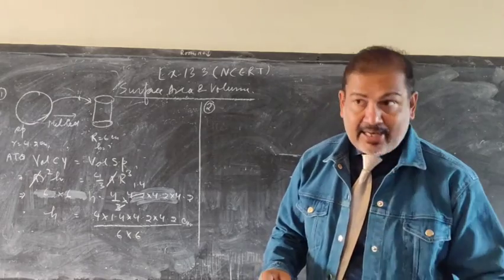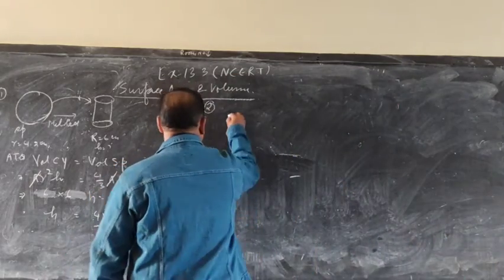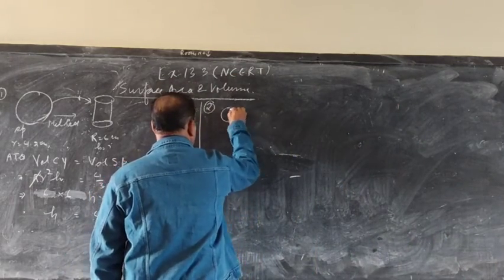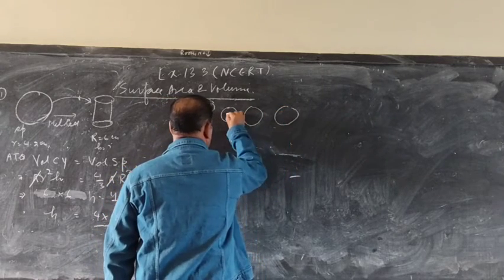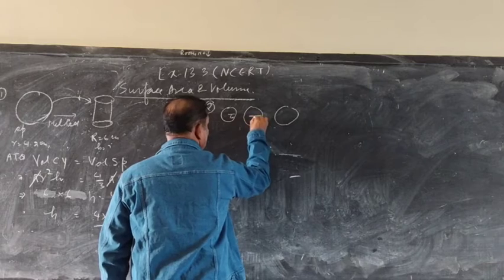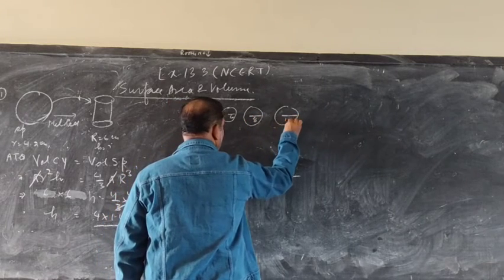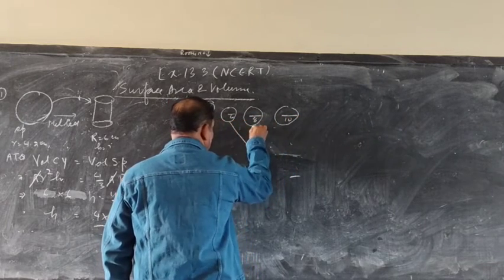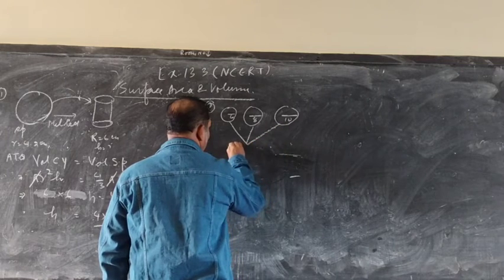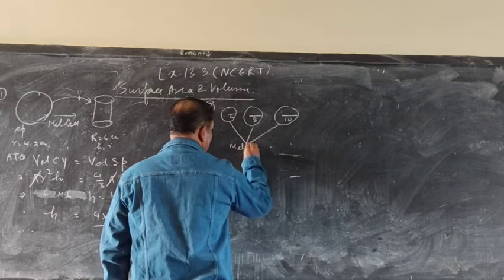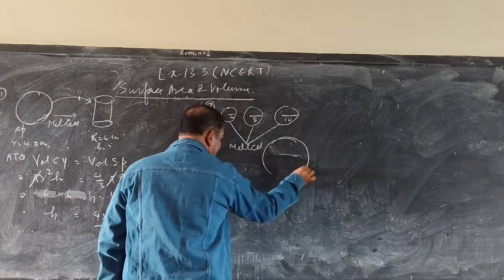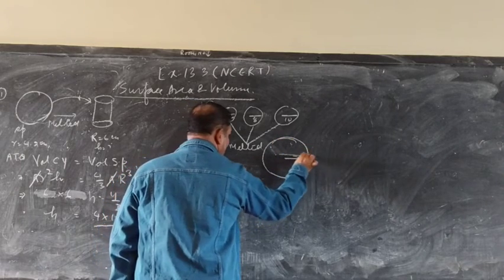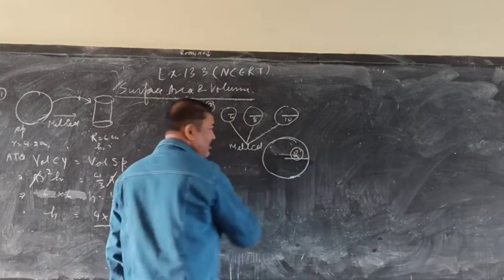We have given spheres of radius 6, 8 and 10. These spheres are melted and converted into a big sphere. Then you have to find this unknown radius.